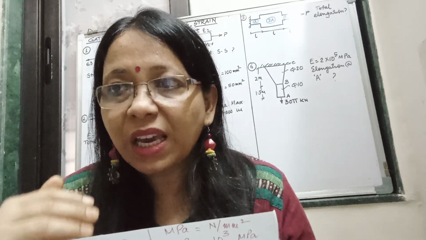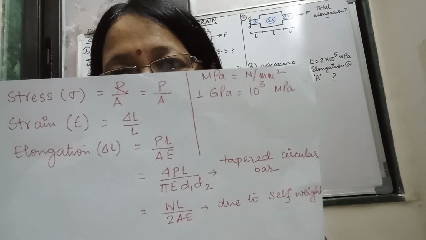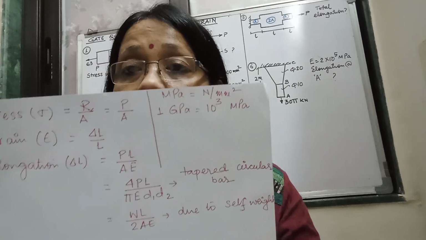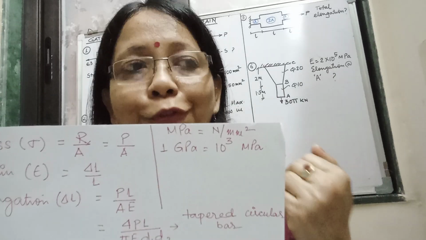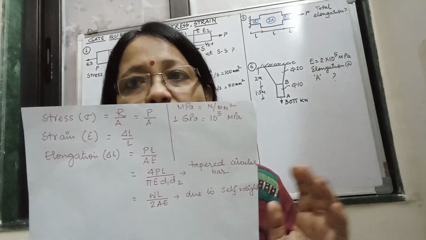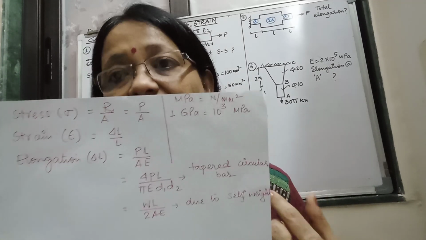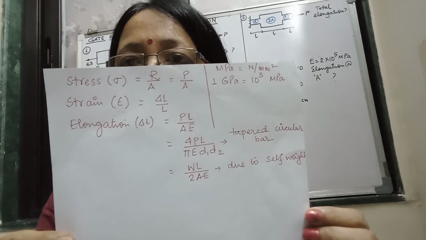We denote the internal resistance as R, and A is the cross sectional area. As the internal resistance is equal to the force applied on the body because of the law of equilibrium, we can write R by A is equal to P by A, as R is equal to P. This is the basic thing, you know.